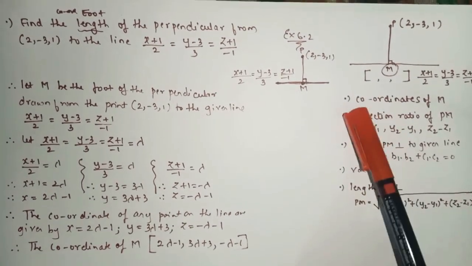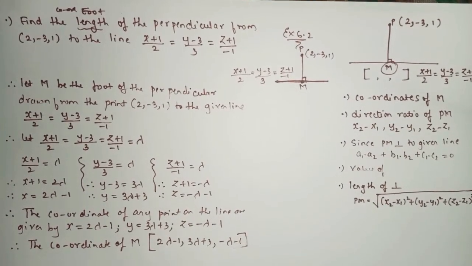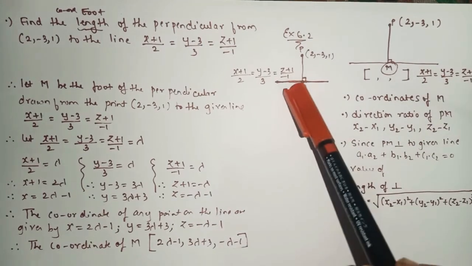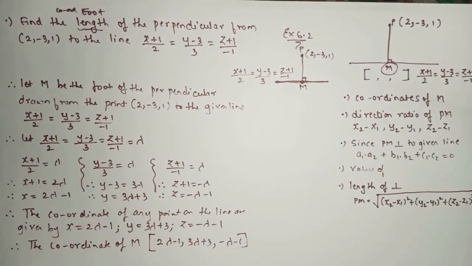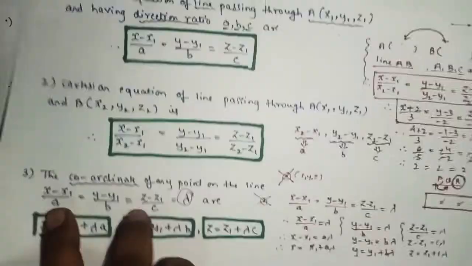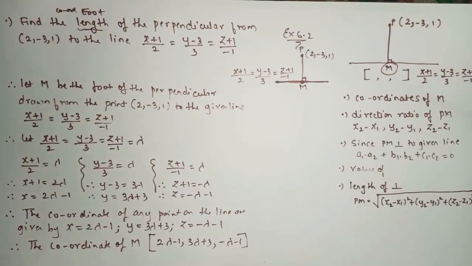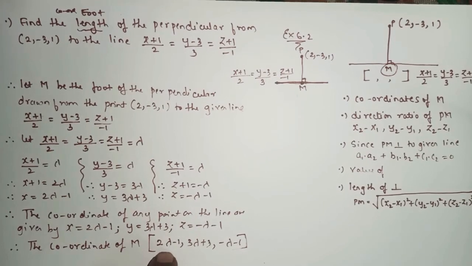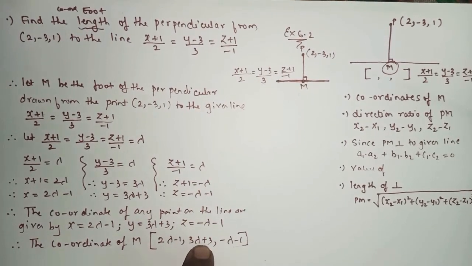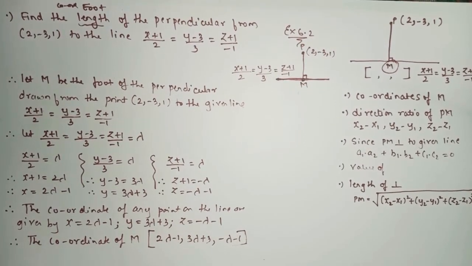So the first step is what? You have to find the coordinate of M. As we know that M lies on the line, to find the coordinate of any point on the line, we use this concept, where you got the coordinate of M as 2 lambda minus 1, 3 lambda plus 3, and minus lambda minus 1. After that we have to find the direction ratio of PM.